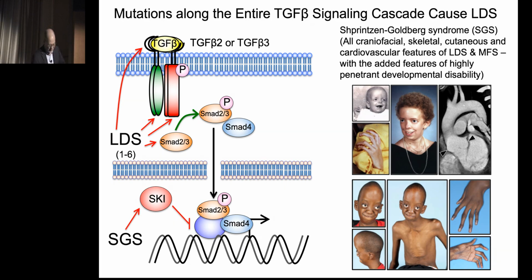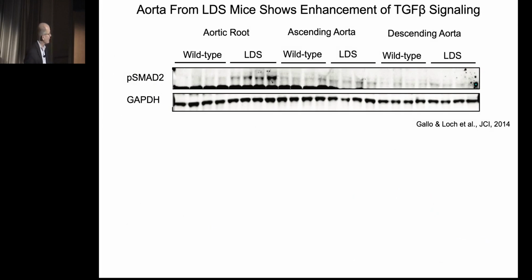So when TGF-beta signaling is high, SKI is recruited to the site of transcription of target genes and turns off target gene expression. We went on to make mouse models of Loeys-Dietz syndrome by creating knock-in mutations in the TGF-beta receptor genes. You can see that these mice show a clear signature for increased TGF-beta signaling in the aortic root, but not in other aortic segments that are not showing the predisposition for aortic enlargement.